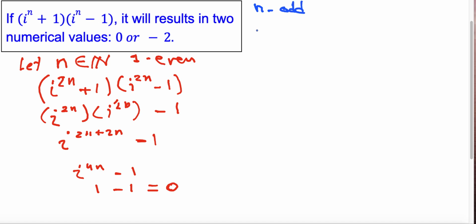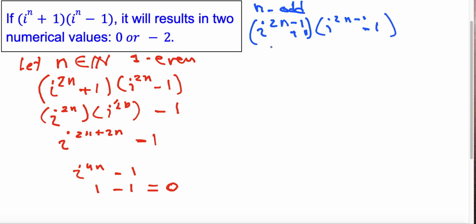And in this case, we have i^(2n-1) times i^(2n-1), and here is a plus 1 and a minus 1.